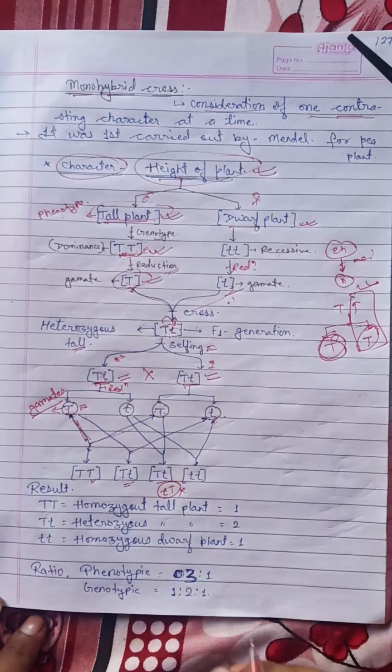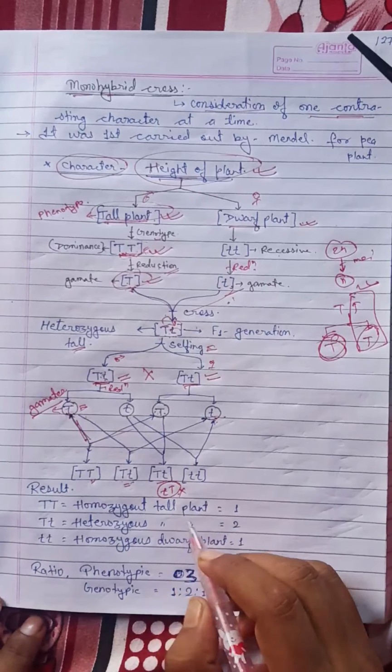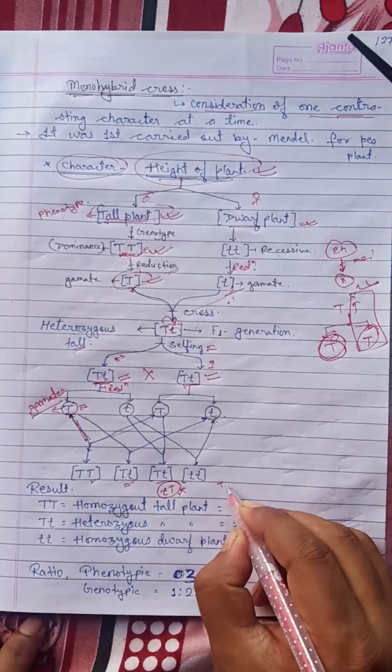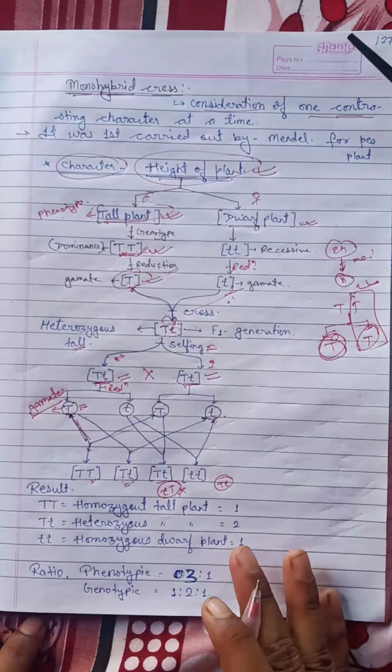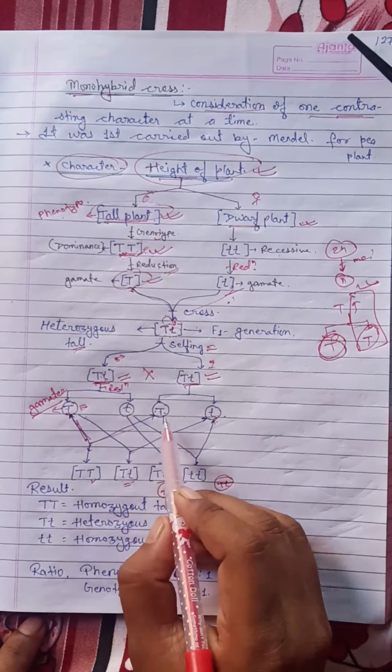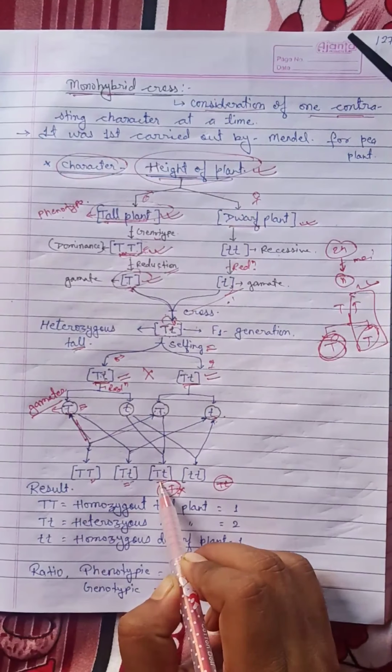No, never. It will be wrong, because we always write the dominant letter first, always. Is it okay? So capital T and small t are formed in the next generation.